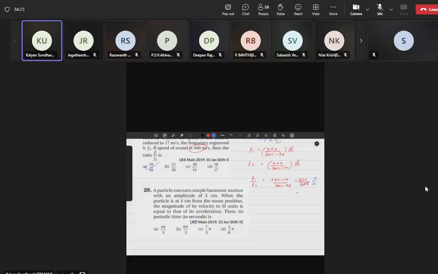Now, similarly, what about acceleration? Minus omega square x. So minus omega square into what is x here? 4 centimeters. Yes.